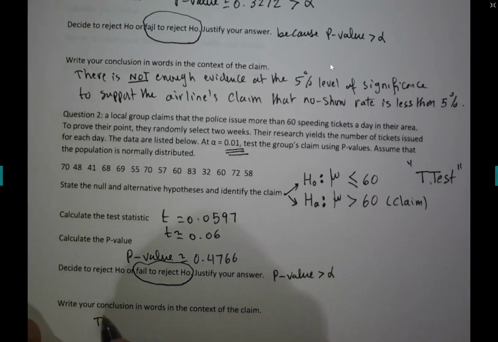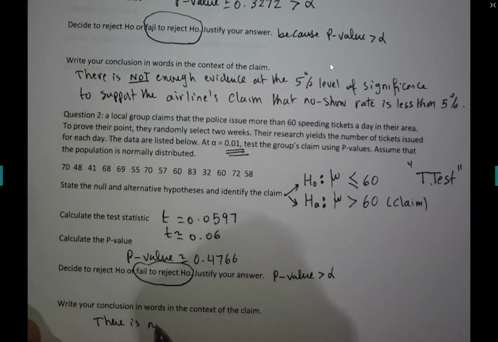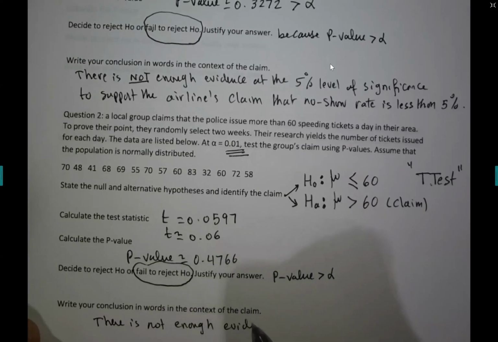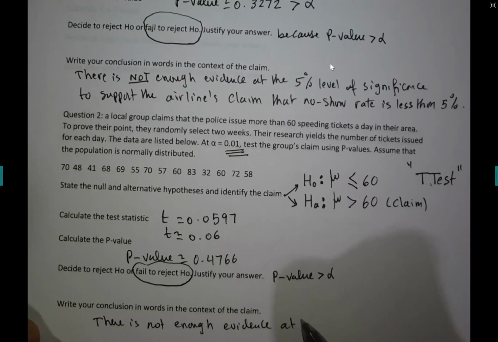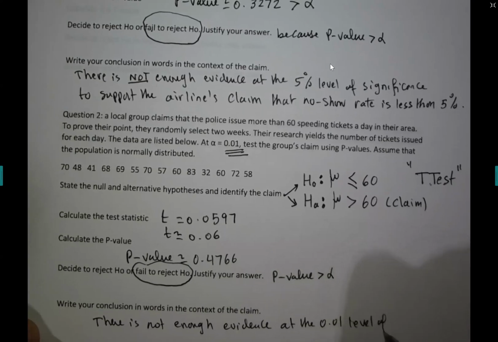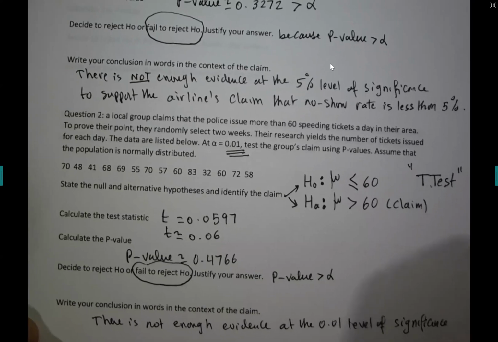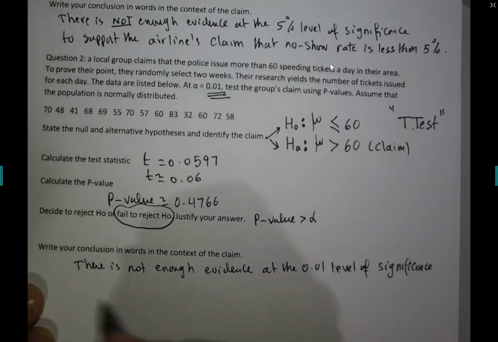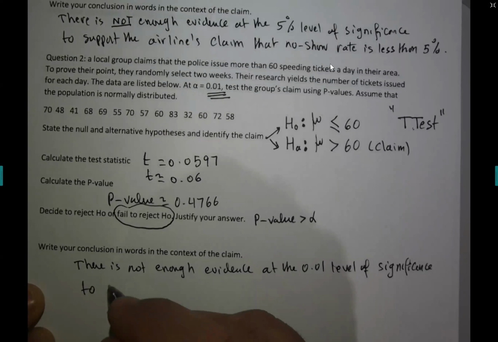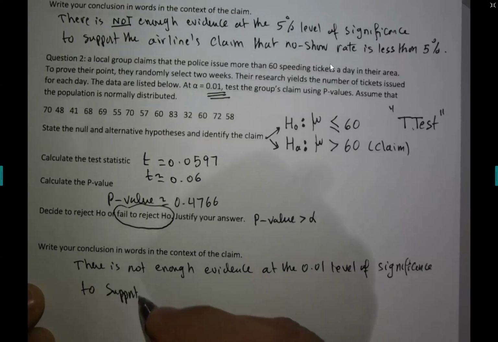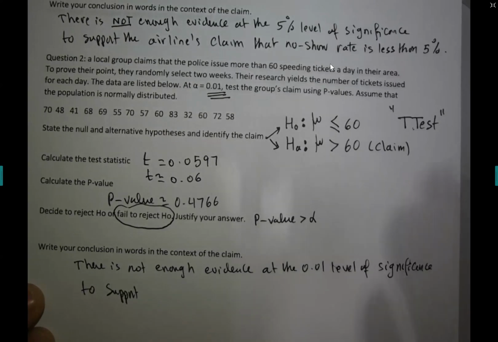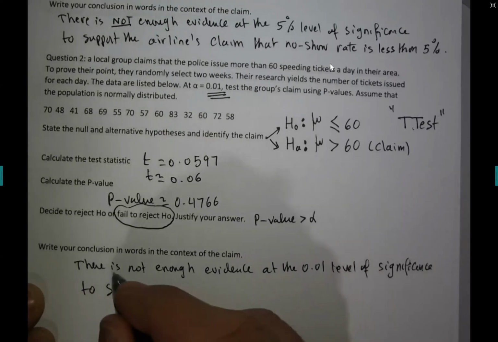There is not enough evidence at the 0.01 level of significance to what, guys? Support the claim. We're not saying we're supporting the claim. We're saying we're not supporting the claim. There's not enough evidence.